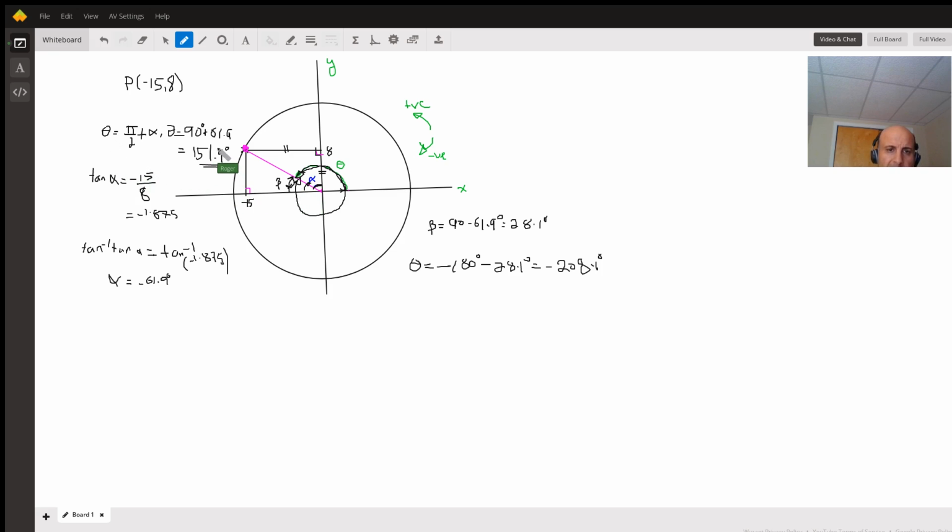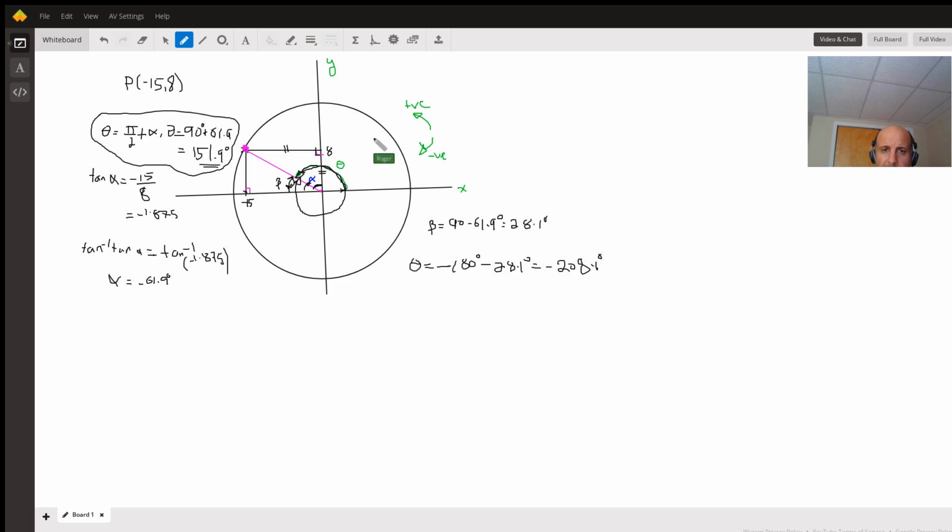Okay, so now you need to find, so this is your basic angle. I'm going to call this one here your basic angle, 151.9 degree. So if we want to find the cosine of this angle, well, the cosine of this angle is nothing but the horizontal projection on this line here.